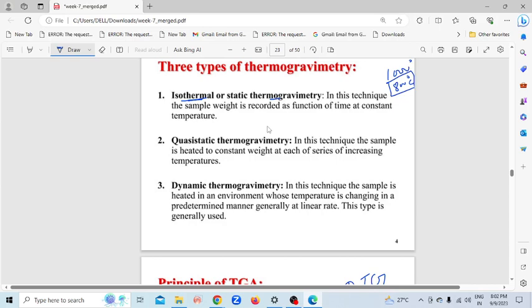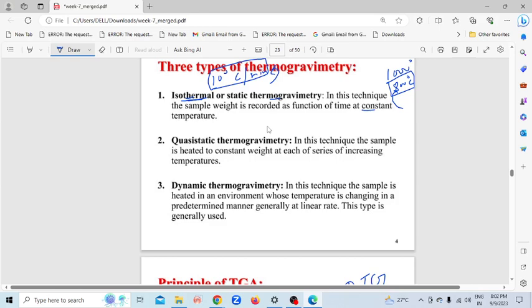Earlier we discussed that we increase the temperature at 10 degrees centigrade per minute, continuously increasing. But in the isothermal case we fix the temperature at 800 degrees centigrade and then measure mass loss. Then it is called isothermal or static thermogravimetry. In this technique, the sample weight is recorded as a function of time at constant temperature.